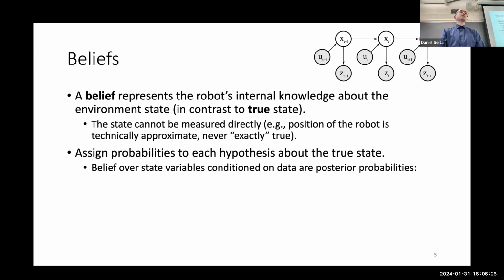More precisely, it's also a posterior probability, where you condition on your measurement observation. So at time t, you incorporate the measurement update at zt, and then you get your belief about xt.